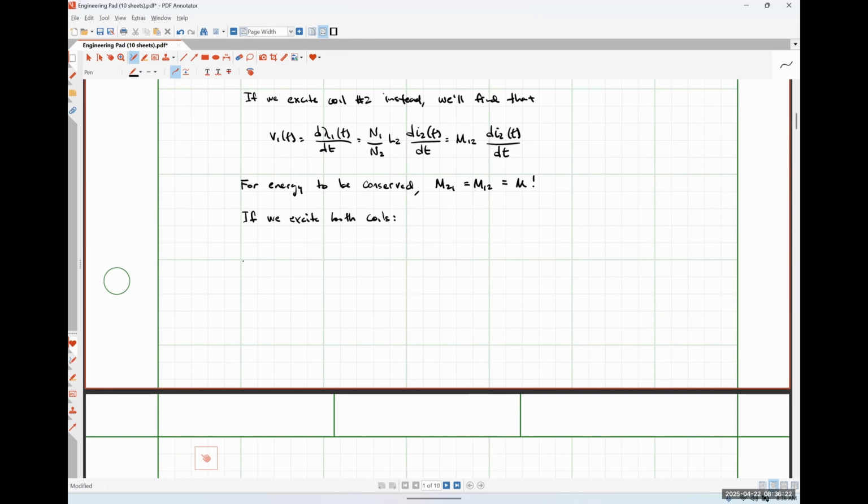So I've got my time varying source connected to coil one, and I'm going to denote that coil one has N1 turns.